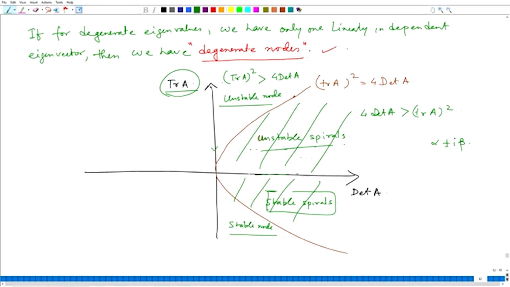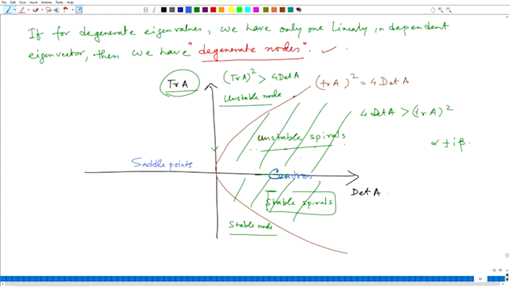If trace A is 0, then the eigenvalues will be purely imaginary, and you have centers on this line. And here you have saddle points.